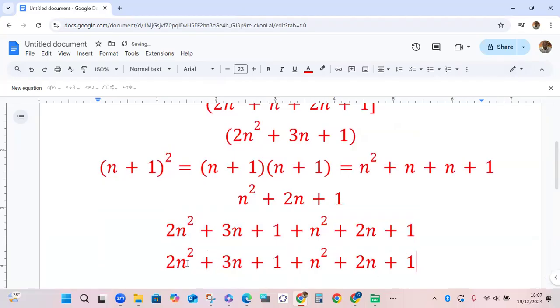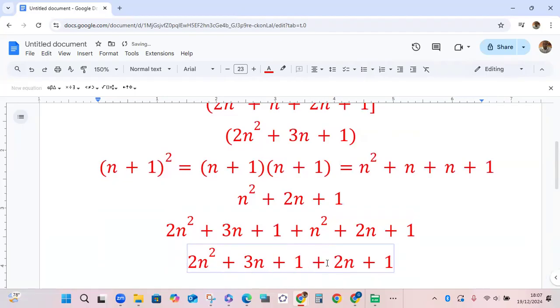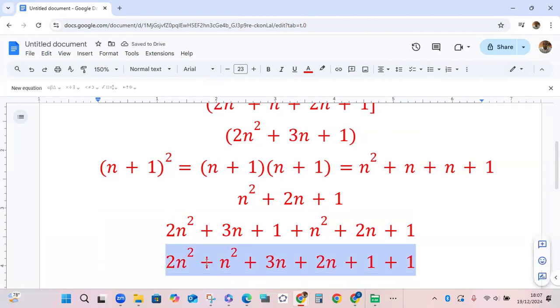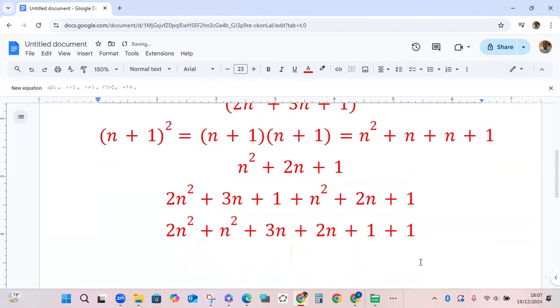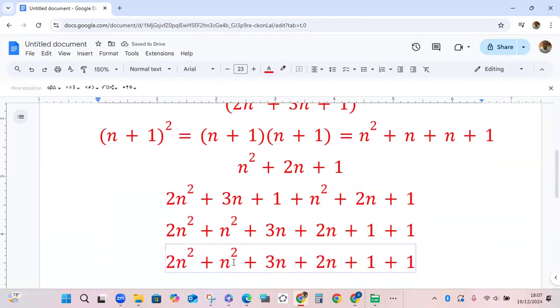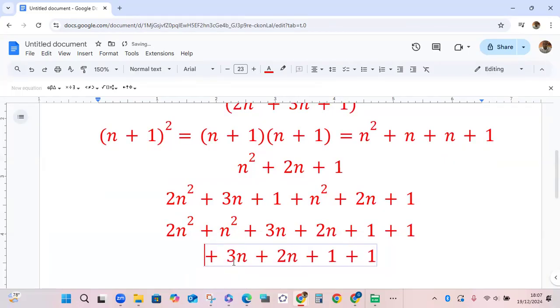Like terms together: 2n squared plus n squared, and 3n plus 2n, and 1 plus 1 is two constants. So 2n squared plus n squared gives us 3n squared, 3n plus 2n gives us 5n, and 1 plus 1 gives us 2.